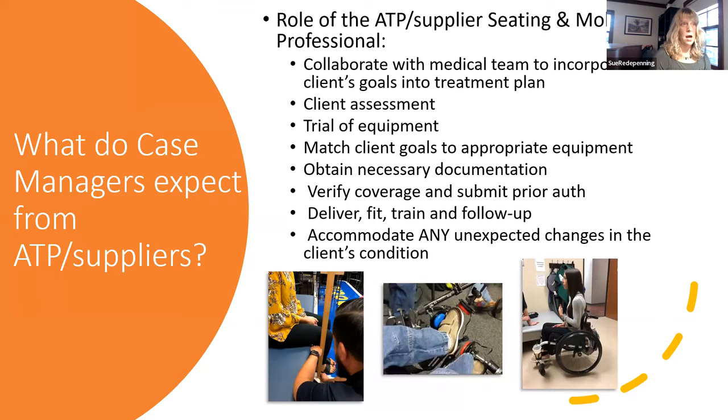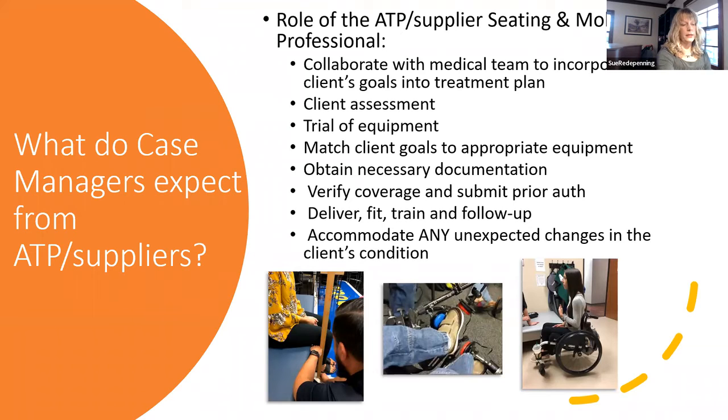And then when the product comes, oftentimes if we can, we want to be there as the OT or PT when the ATP from the vendor brings the chair out or the durable medical equipment out, because I want to make sure the person does really fit in it still. They understand how it works. It's all set up for them. We finish the fitting together and I do any additional training that I need.